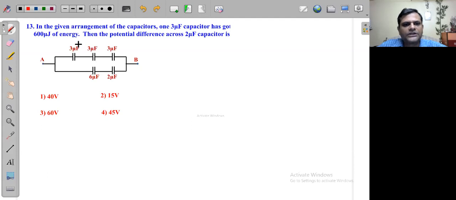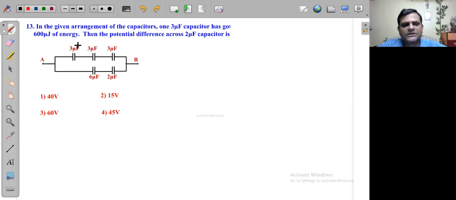One more thing is that if a number of capacitors are connected in series, then the energy stored in all capacitors will get added together to give the total energy stored in the combination. And even in case of parallel combination, the total energy is the sum of all, right?